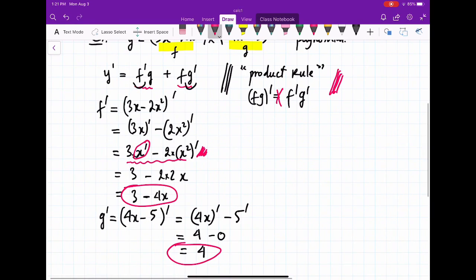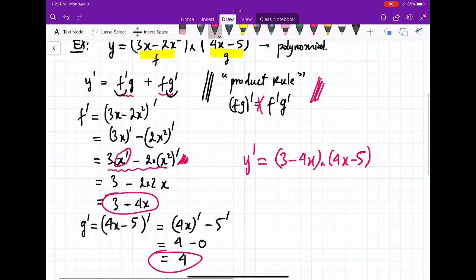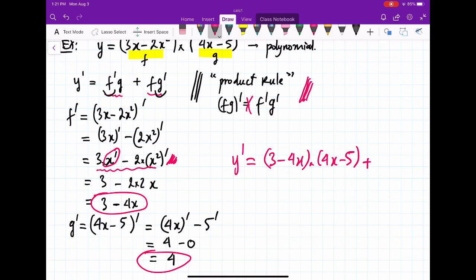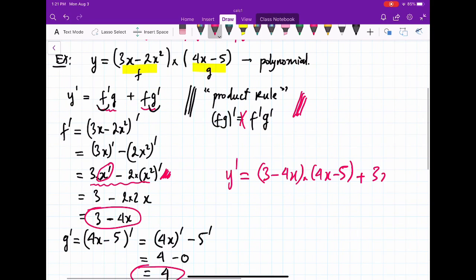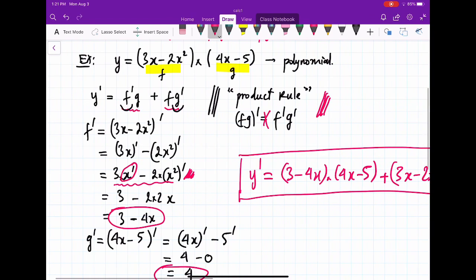From now, I can write the y derivative is 3 minus 4x, which is f derivative, times g, 4x minus 5, and then plus g derivative times f. So I write 3x minus 2x squared. I try to keep the order fg, okay, times 4. You might simplify this, but if they just ask you to find the derivative of some function, you don't have to simplify it, okay?